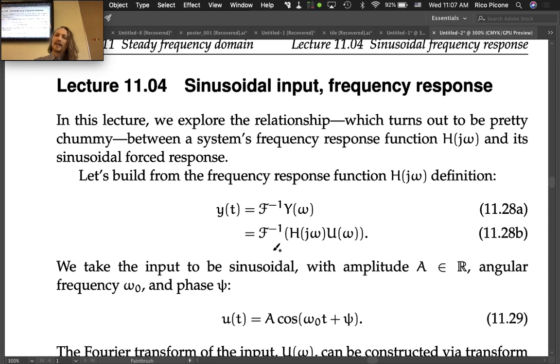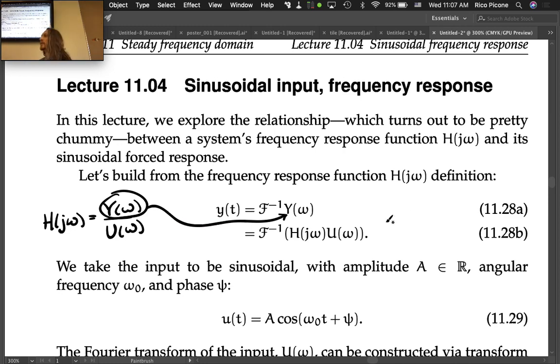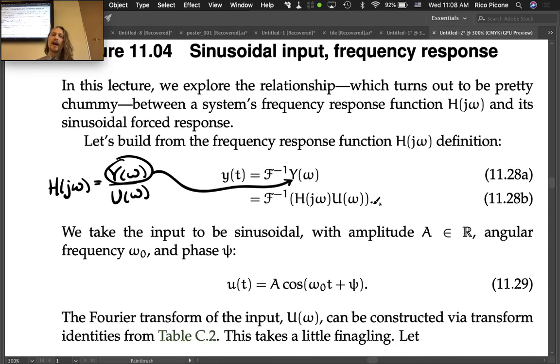And we can take the definition of H of j omega, the frequency response function, which was output over input, and we can solve for Y and plug that in there, which is what we did, to get the inverse Fourier transform of H times U. Okay, so that's where we're going to start.